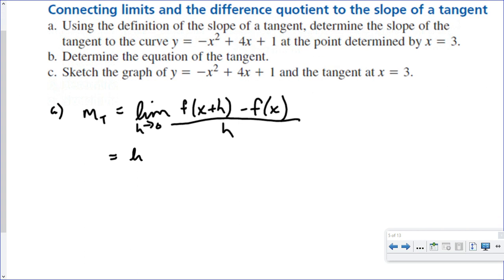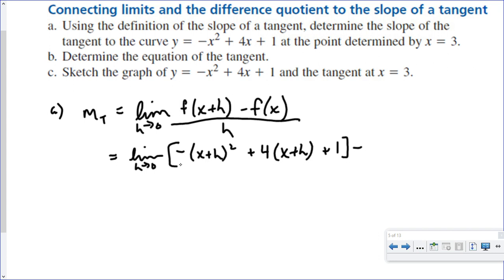I've got the limit as h approaches 0, and my function is going to be negative x squared plus 4x plus 1, so I replace x with x plus h: negative (x plus h) squared plus 4(x plus h) plus 1, and then minus f at x. So that's minus (negative x squared plus 4x plus 1).